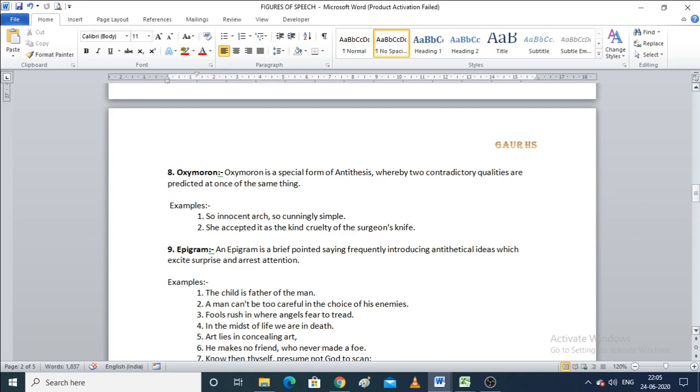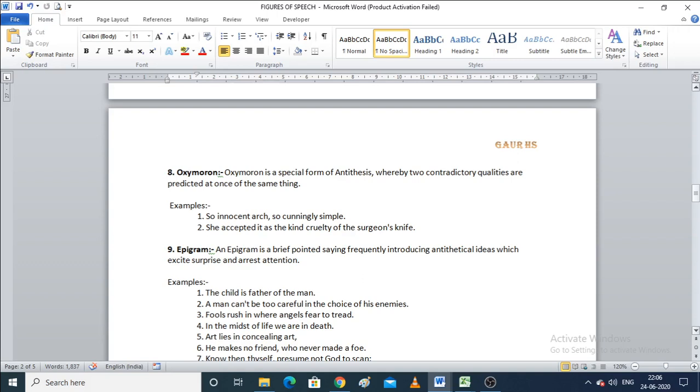When there is only one particular thing, but we give two contradictory qualities to that same thing. For example, see, there is a girl and you are saying that she is very smart and clever.